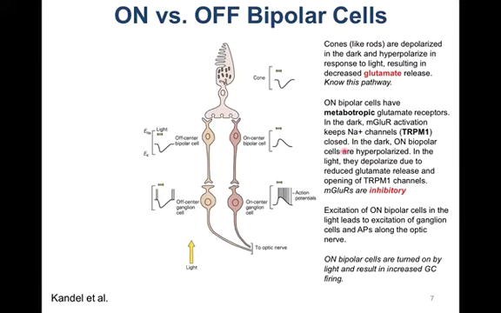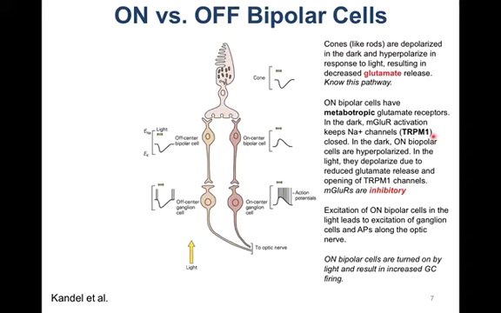So glutamate release from the photoreceptors and mGluR activation keeps a channel closed. Remember, we talked about different things that GPCRs can do, and downstream of GPCR activation in many cases is inhibition or activation of ion channels.